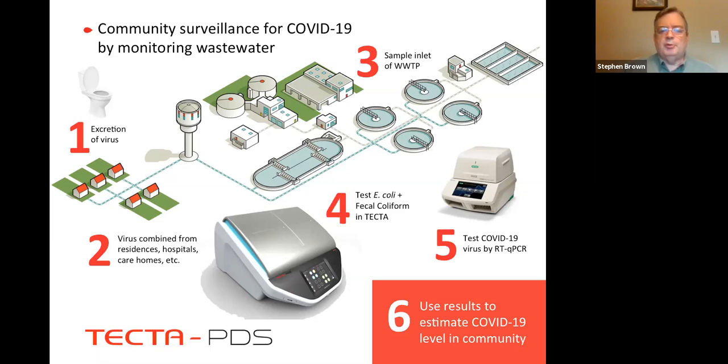So you could have a number of infected people arrive in a community and start to excrete the virus. You may detect that in the wastewater before those people are even starting to get a fever and cough and realizing that some of them may be sick. So it's more efficient, and you may get an earlier warning that infection has reached a community or is increasing in a community than by the conventional methods.